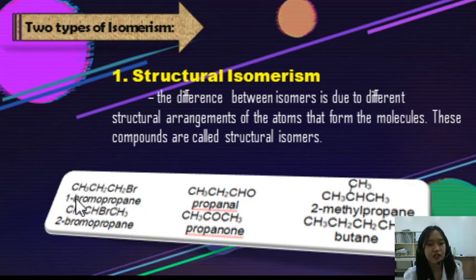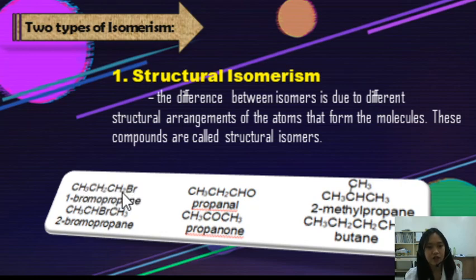So, itong nasa taas, 1 bromopropane, and then itong nasa baba, 2 bromopropane. So, bakit? You have 1, 2, 3 carbon atoms, and then 1, 2, 3 carbon atoms din. So, propane yan siya. Ngayon, the names are different because of where the bromide is connected.